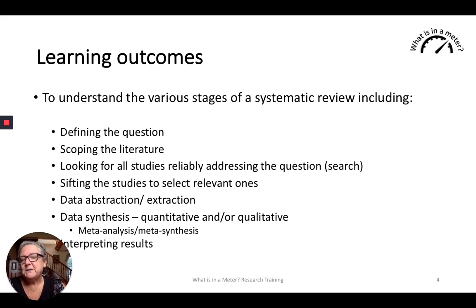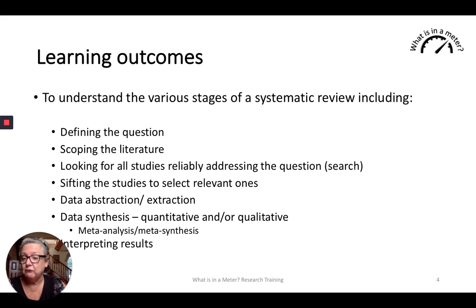So what we're going to do today is go through the different parts of a systematic review. Now this is just a quick overview of how we do systematic reviewing. Normally, to learn how to do a systematic review will take you about 3 days of training.